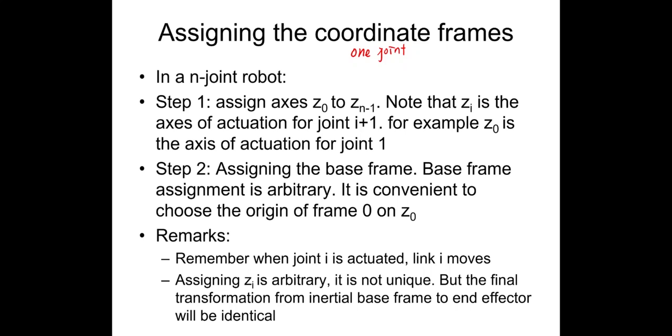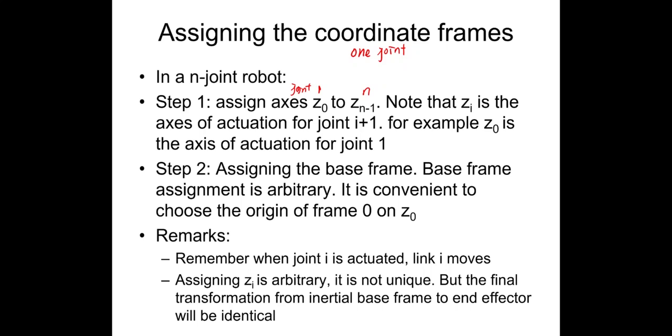The first step is to assign Z0 to Zn-1, corresponding to joint 1 to joint n, right? Zi is the axis of actuation for joint i plus 1, because for joint i, it is Zi minus 1. So the joint numbering is always 1 more than the frame numbering.